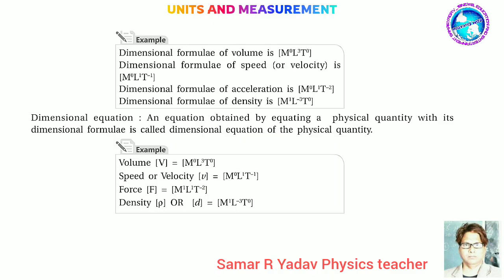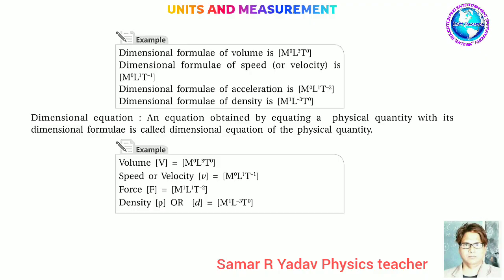Dimensional equation: an equation obtained by equating a physical quantity with its dimensional formula is called the dimensional equation of the physical quantity. For example, volume V is equal to [M^0 L^3 T^0].